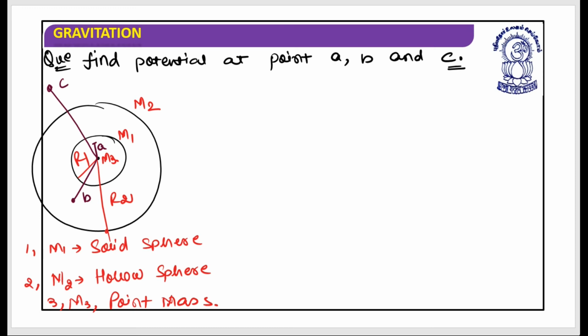When I need to find the potential at points A, B and C, let's take any one of the points and start. Let's call it potential at A. I need to write down the potential due to each one.